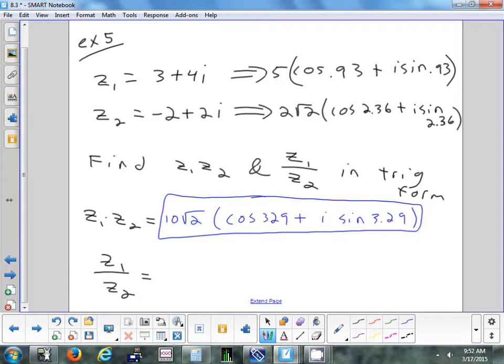Okay. What about when I divide? What do I do with my radii when I divide? I'm going to take 5, we're going to take 2 square root 2, and do what with them? Yeah, we're just going to divide them. I guess the only thing you could really do with that is you could rationalize the denominator.